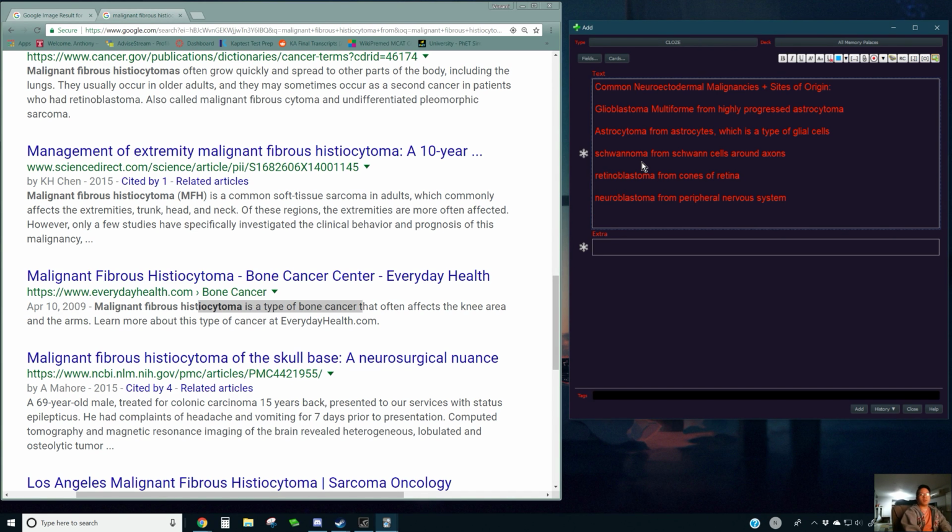This next one. So Gohan, neuroblastoma from peripheral nervous system, turned around. As a result, saw Bulma operating on Chi-Chi with a shoe and a pen.